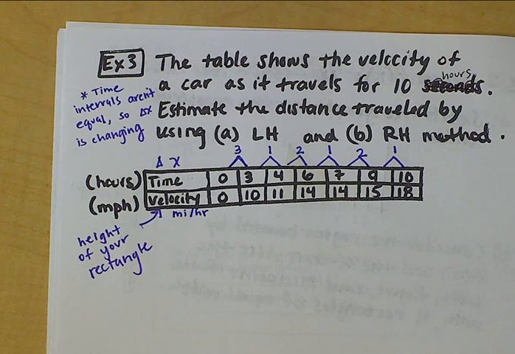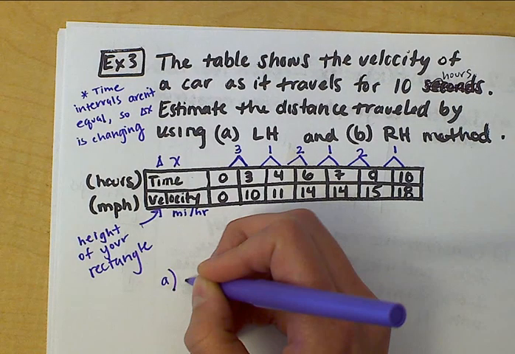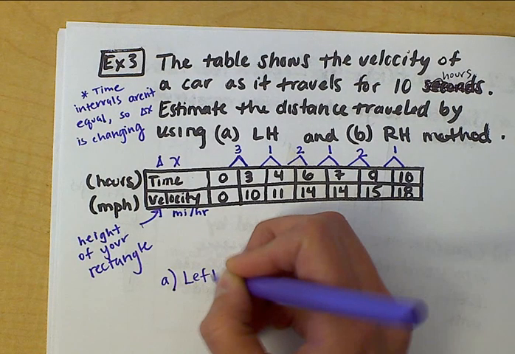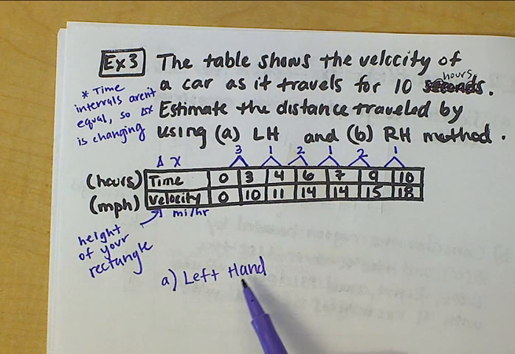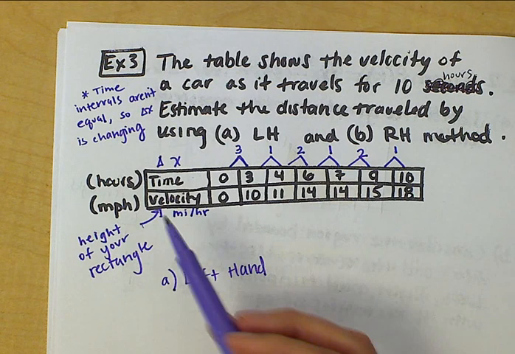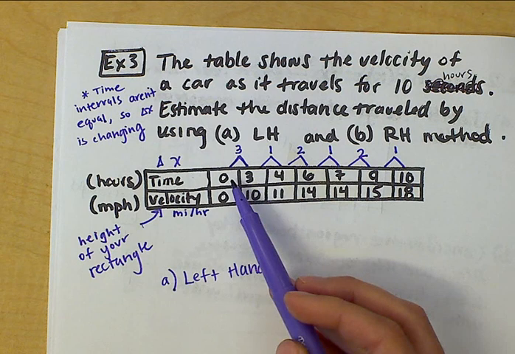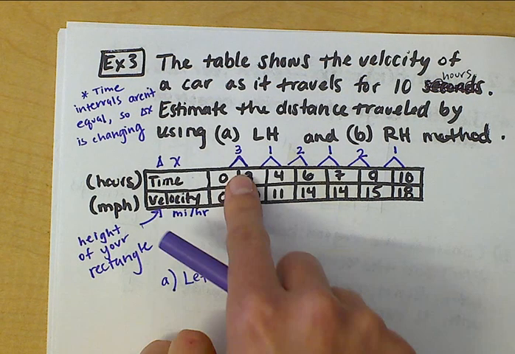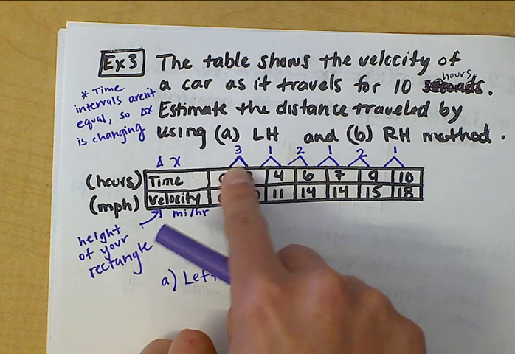Okay. So let's start with my left hand. When I use left hand, usually on the rectangle, that means you choose the upper left hand corner. In this case, it means you're going to choose, between these two, where the base is 3, the width is 3, the height on the left.